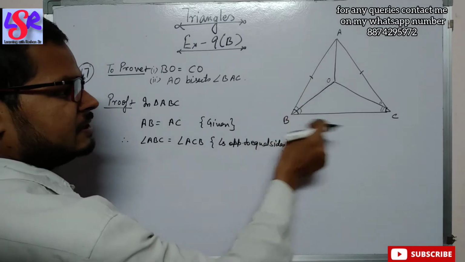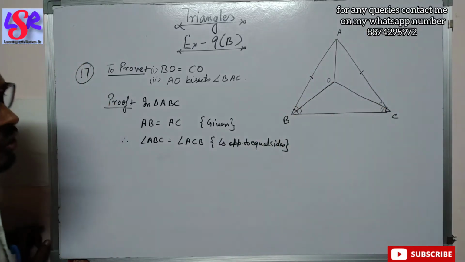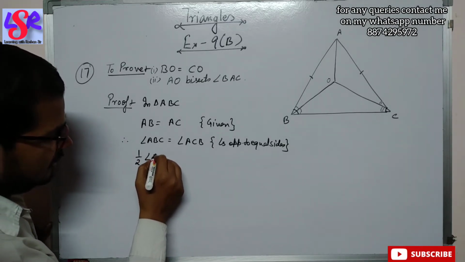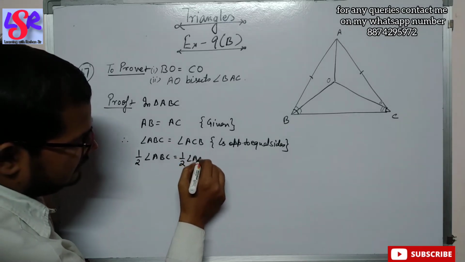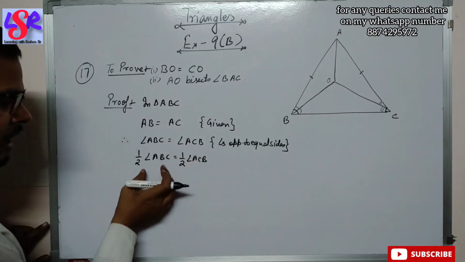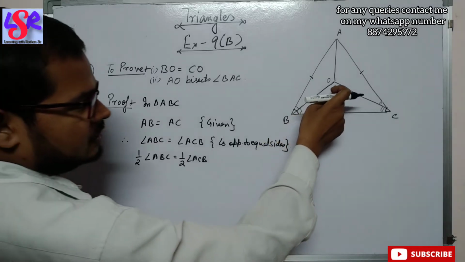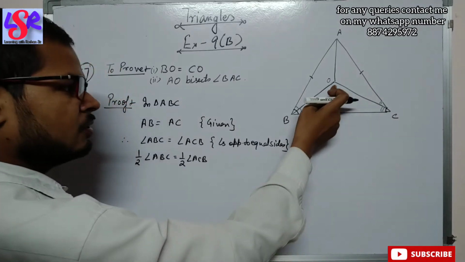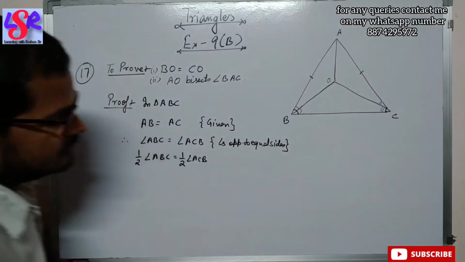As angle ABC equals angle ACB, therefore half of these two angles will also be equal. Therefore we can write half of angle ABC equals half of angle ACB. Now half of angle ABC and half of angle ACB can also be written as OBC and OCB, as OB is a bisector of angle B and OC is a bisector of angle C.